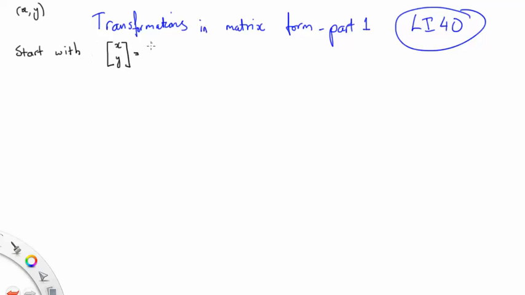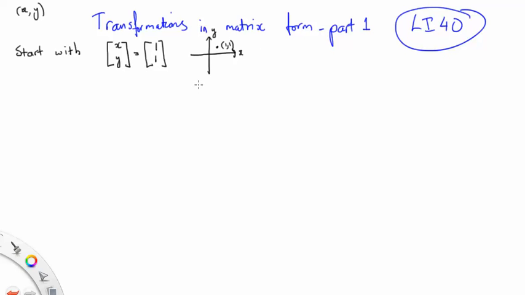Let's define it as 1 comma 1, or just 1 1. So we have this point 1 1, and let's plot it on a nice little neat graph, and we're going to do a bunch of things to this point. Okay, so there's 1 comma 1.